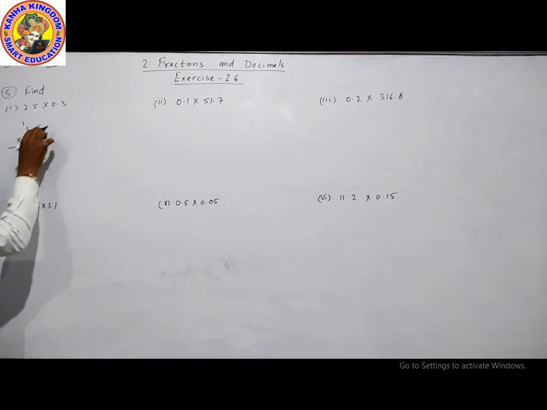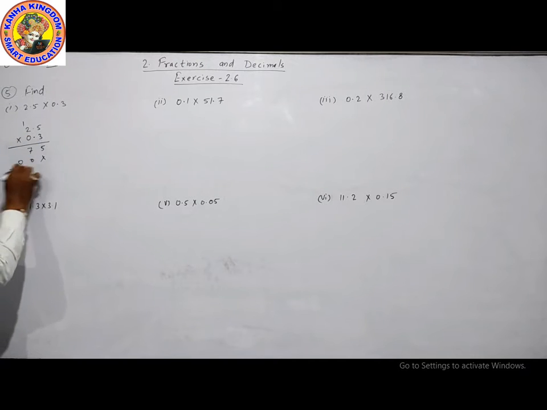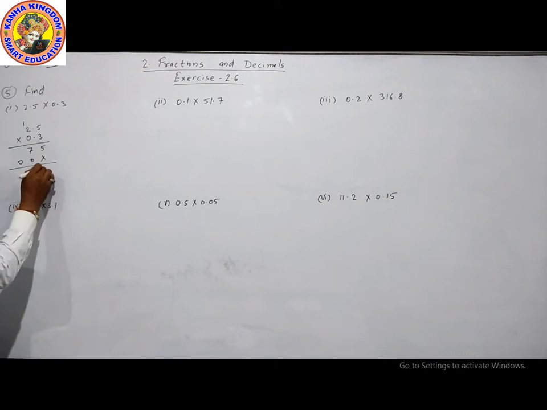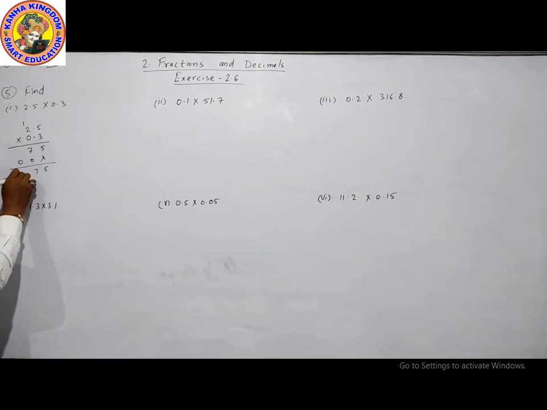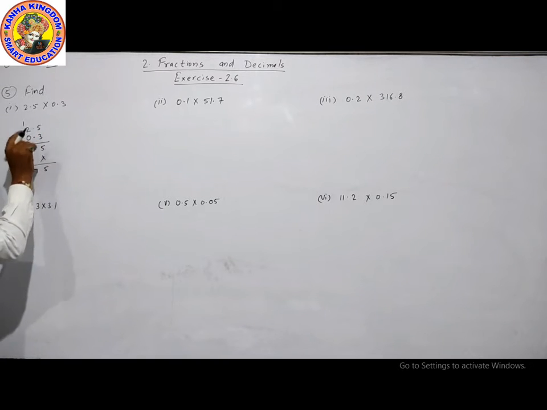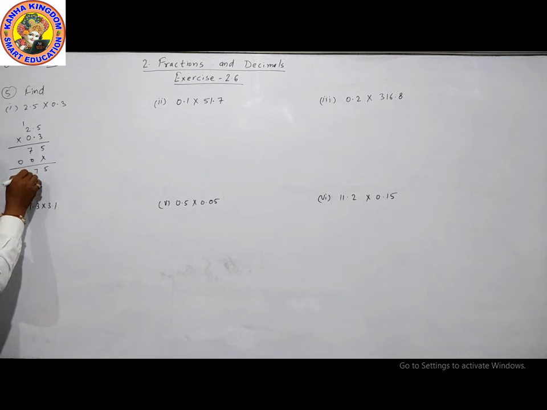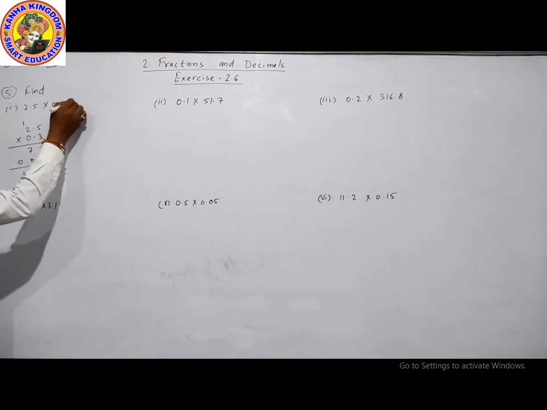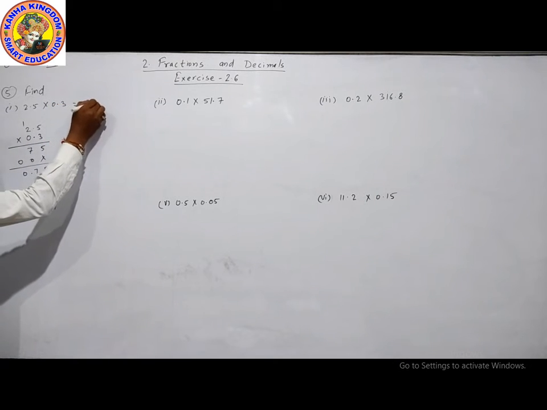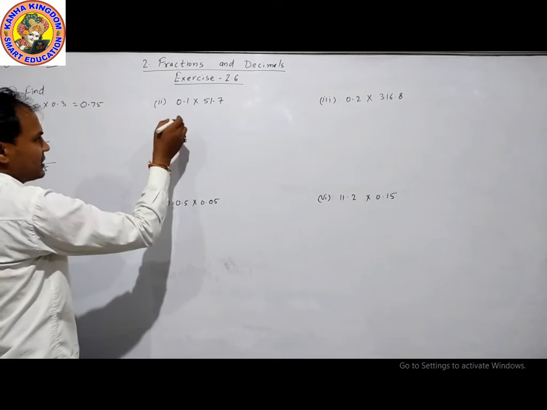Now 0 0 and 0. The multiplication is over. Now addition: 5 7 0. Here the decimal point is after 1 digit, 1 and 1, 2. After 2 digits the decimal point will come. 0.75.